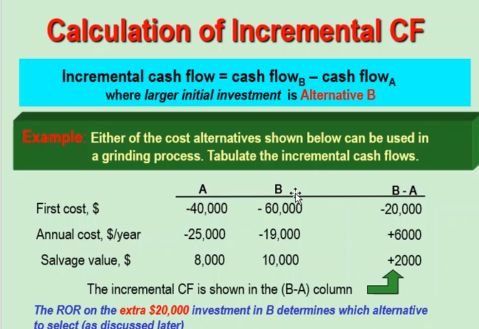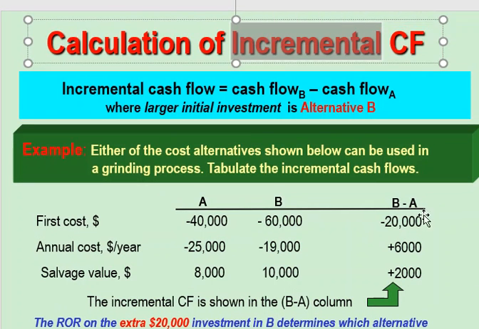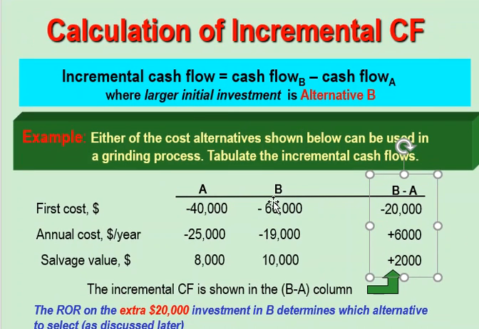If rate of return of B is greater or equal to the MAR, also this is acceptable. But our discussion here, when we are talking about incremental cash flow, we are using it for a mutually exclusive project.